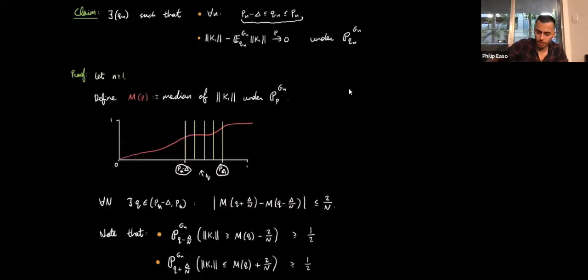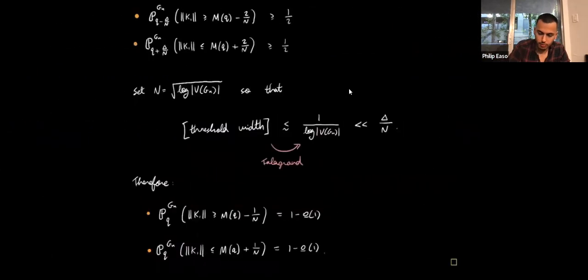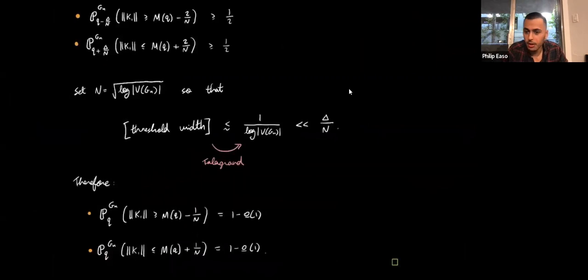This is just by rearranging these things and the definition of median, and then the analogous statement here. So I've just rewritten these two conditions at the top here. And now we're going to apply our sharp threshold result from Talagrand.